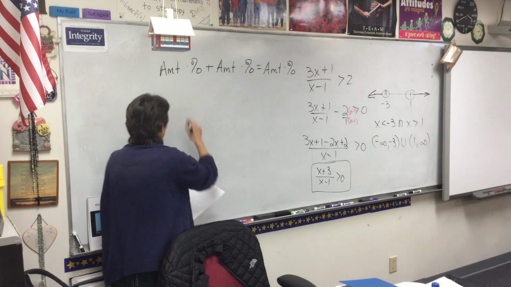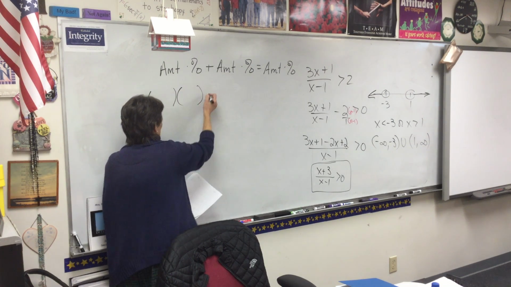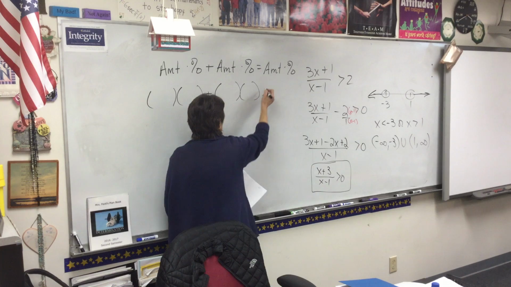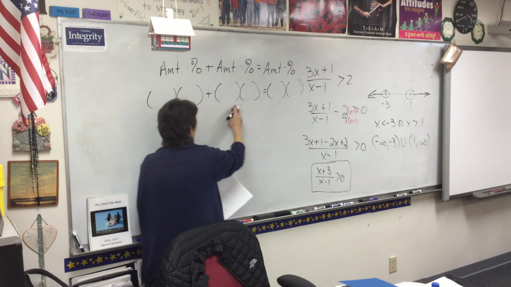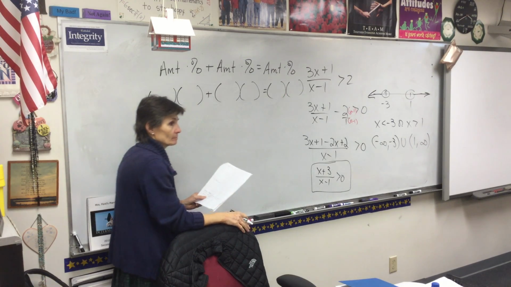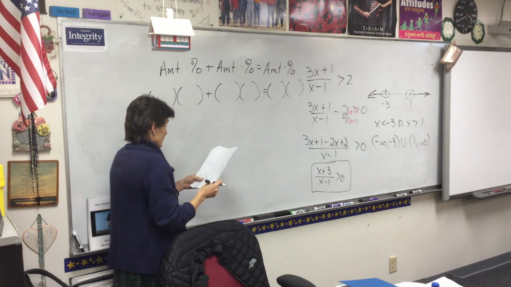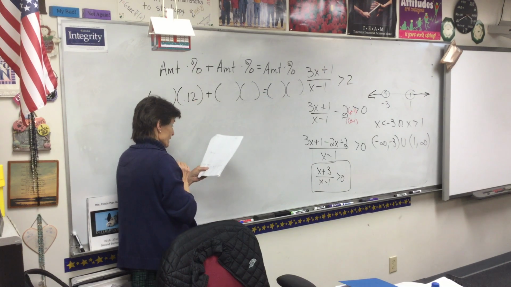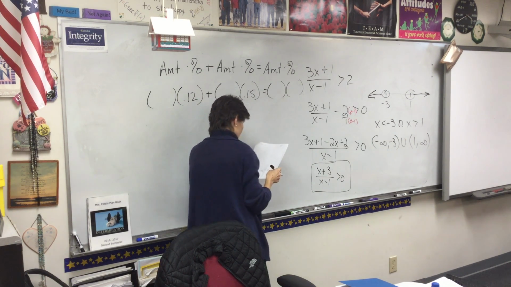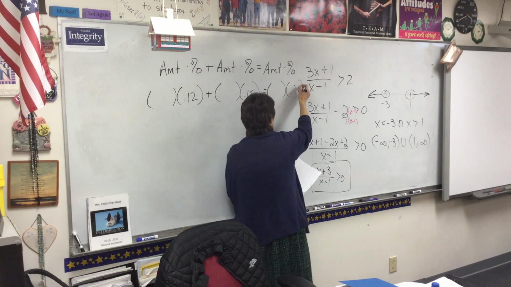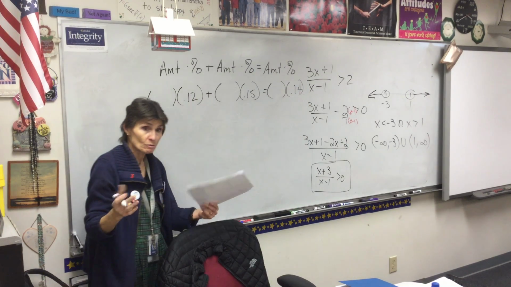So remember, we have like 3 groups of 2. And these 2 added together make that one. And we've got 12% and 15%. And we're going to get 14%. Is this starting to come back to you?